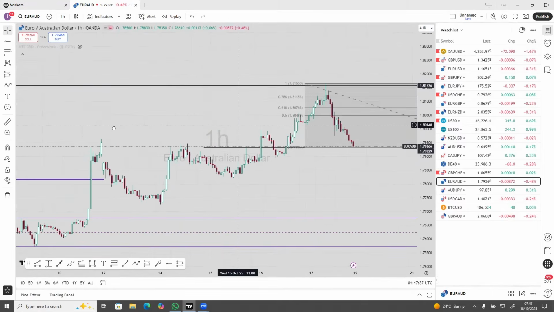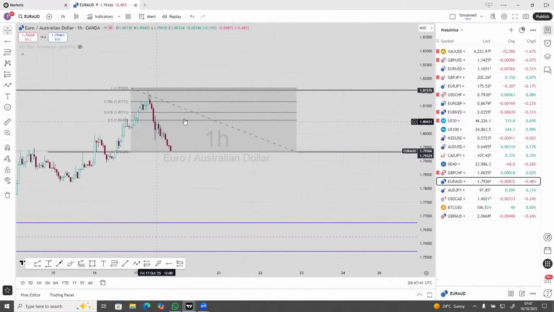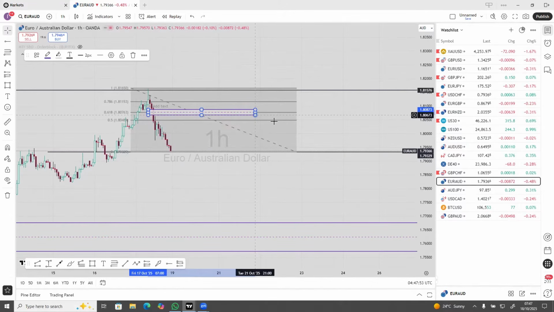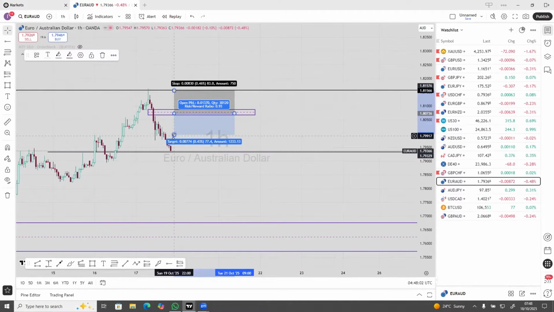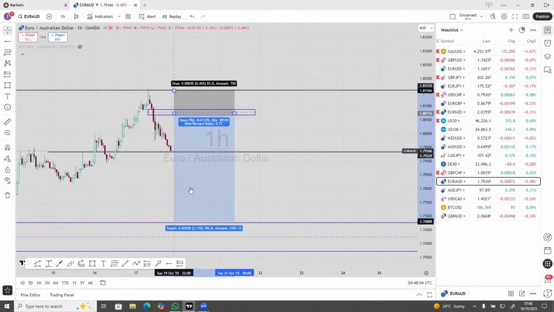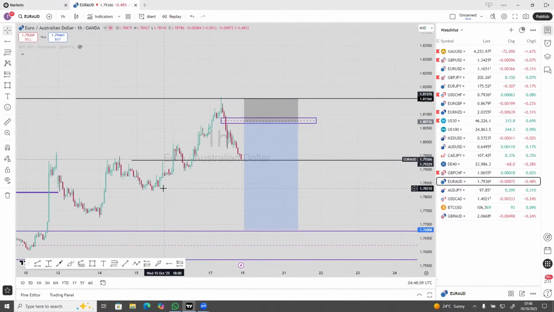On that daily premium zone we have a point of interest, an FVG located in the optimal entry zone, so it will be a point of interest with a high probability. Over here is where we can place our sell limit, and then we target that daily demand.